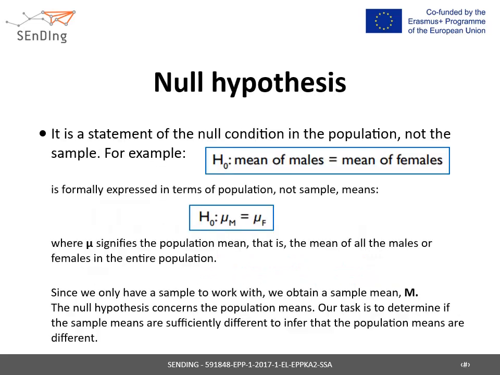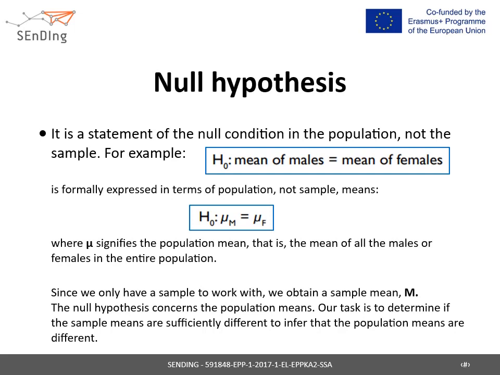The null hypothesis is a statement of the null condition in the population, not the sample. For example, the first formula denotes the null hypothesis that there is no difference in the mean male and female population. This is formally expressed in terms of population, not sample, means as depicted in the second formula.